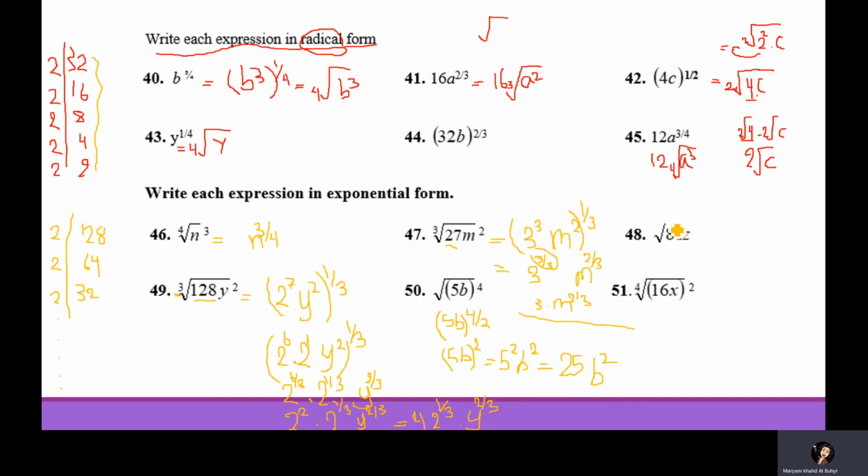Same thing with this one. If you notice now, this square root is only for 81. The z is outside. So keep z outside. And what is the square root for 81? You already know it. You can write directly that's 81 to the power 1/2. But you know that 81 is 9 times 9.